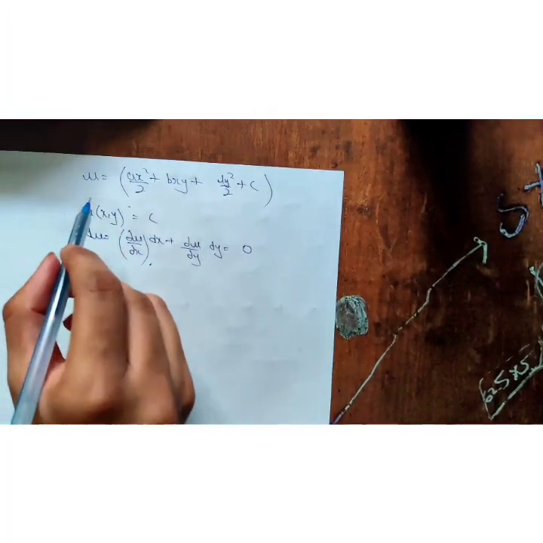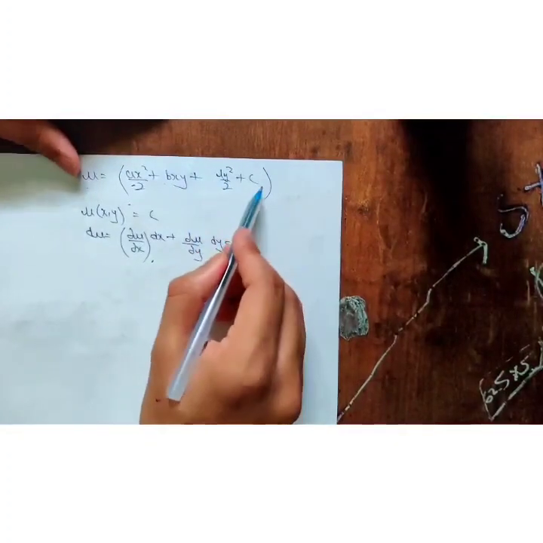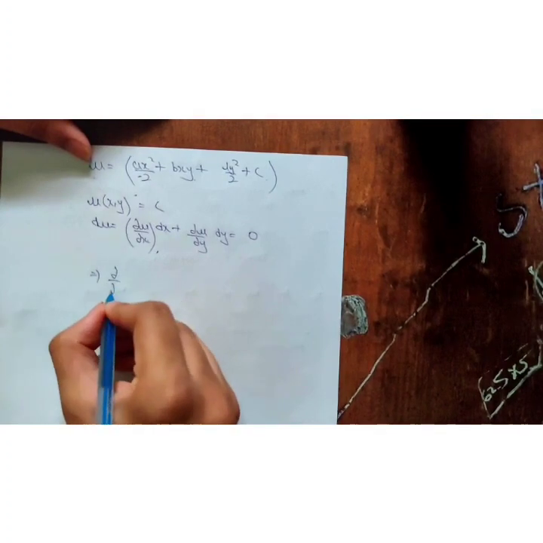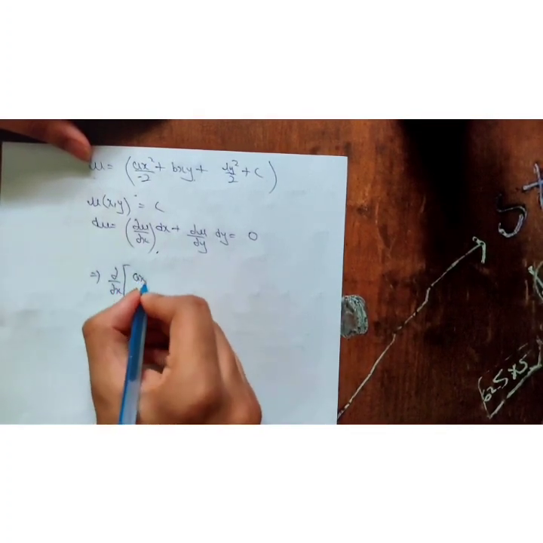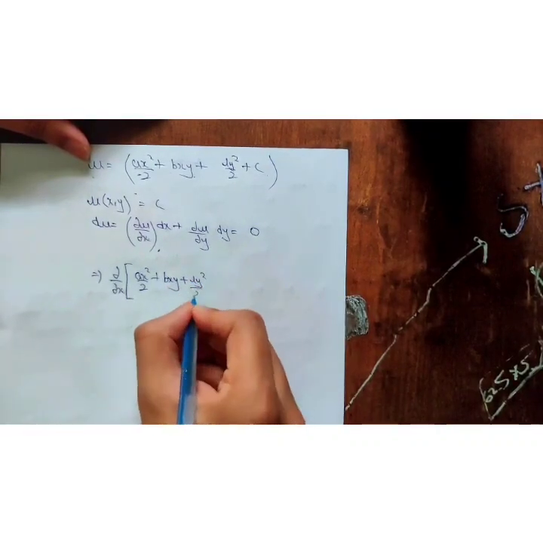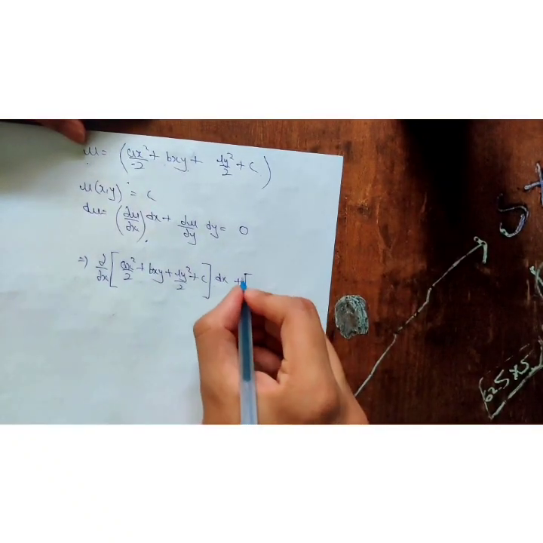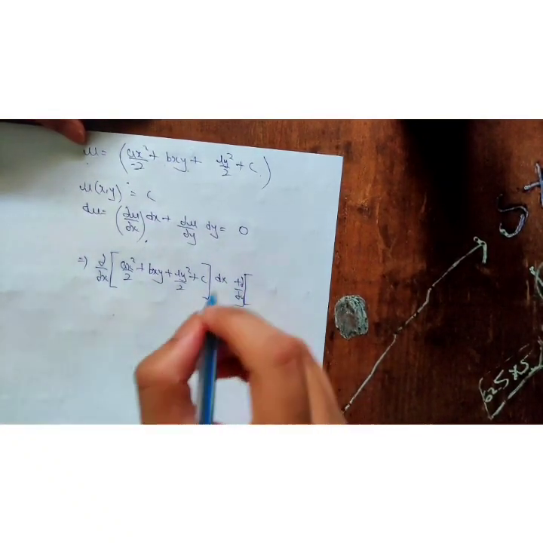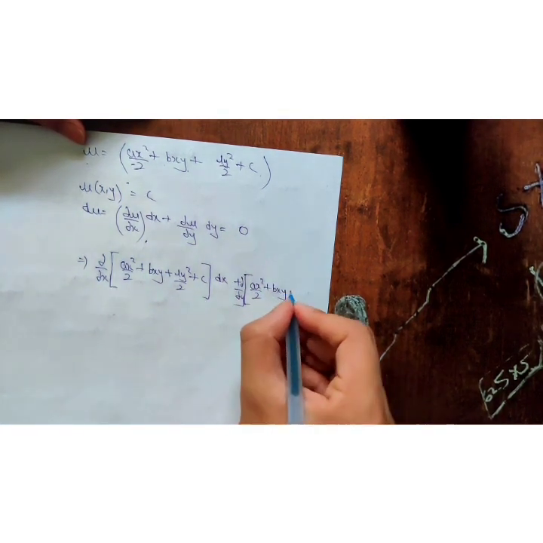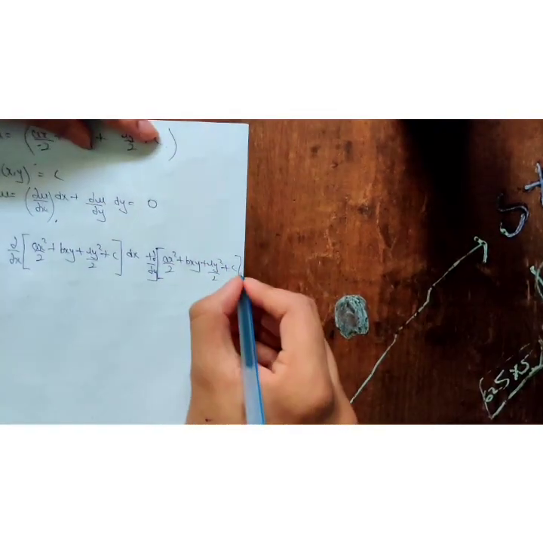Now what did we get? u is equal to ax²/2 plus bxy plus ly²/2 plus c. So simply put that here. ∂/∂x of (ax²/2 plus bxy plus ly²/2 plus c) into dx plus ∂/∂y of (ax²/2 plus bxy plus ly²/2 plus c) into dy is equal to 0.